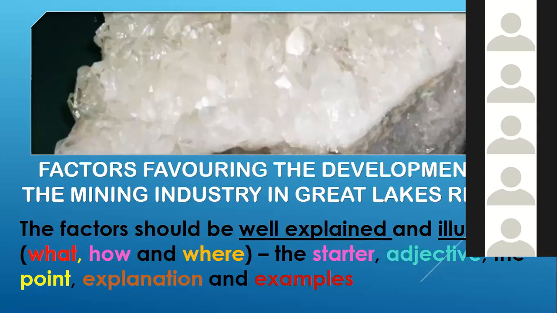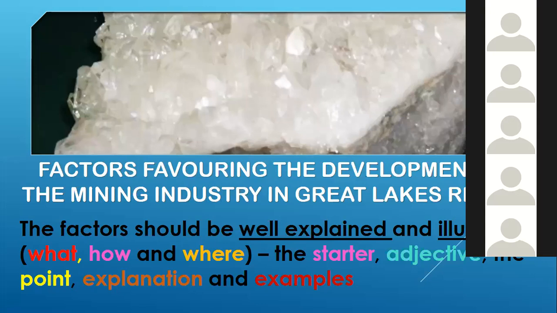So which means that each factor should have the starter, the presence of, the existence of, availability of. Then it must have the adjective, then the point, then the explanation, and examples where possible. Now, if all that is missing in your points, do not expect any mark on our side.